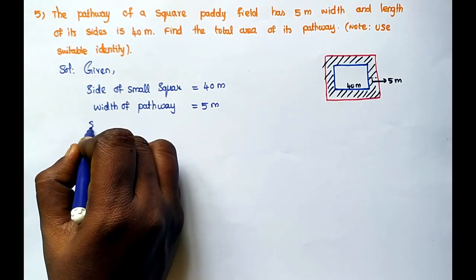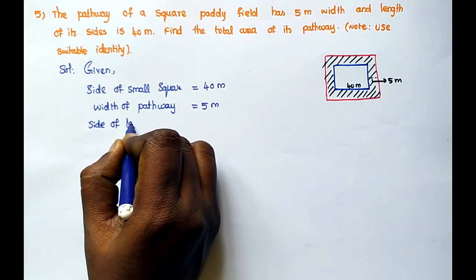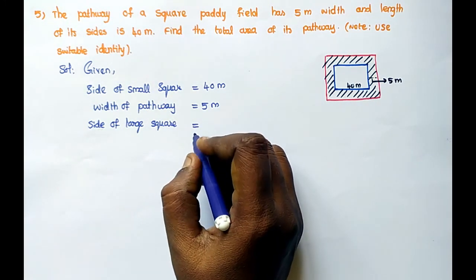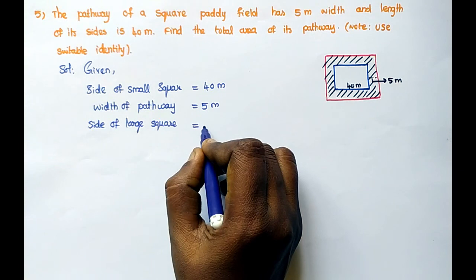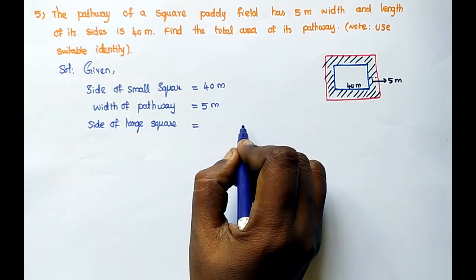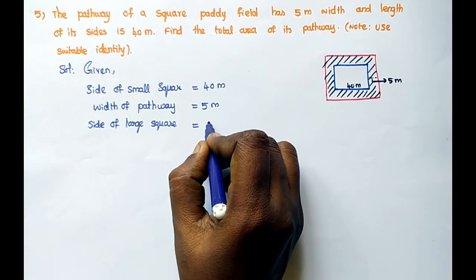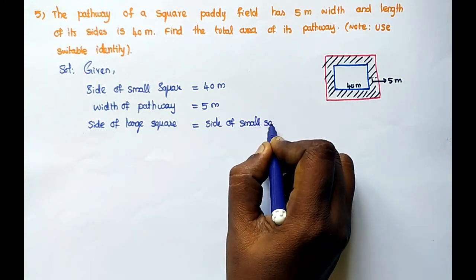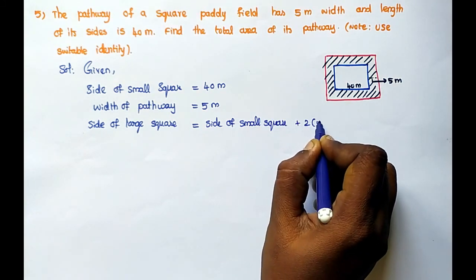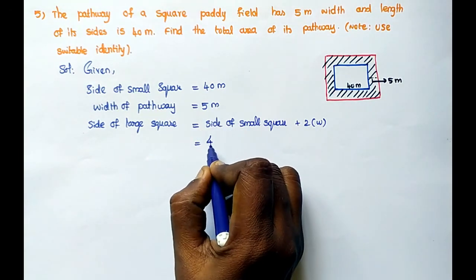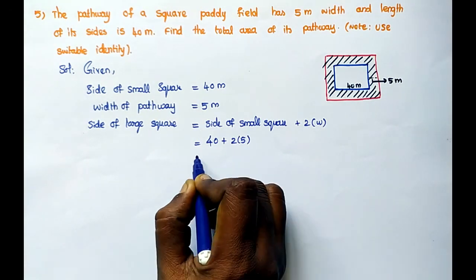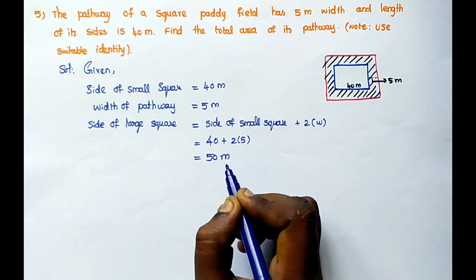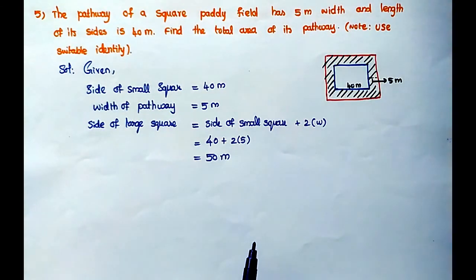Now from that we have to find out the side of the large square. Large square equal to, what is that? Side of small square plus 2 into width, that is 40 plus 2 into 5. 40 plus 2 into 5, 10. So 50 meter. That is the side of the large square.